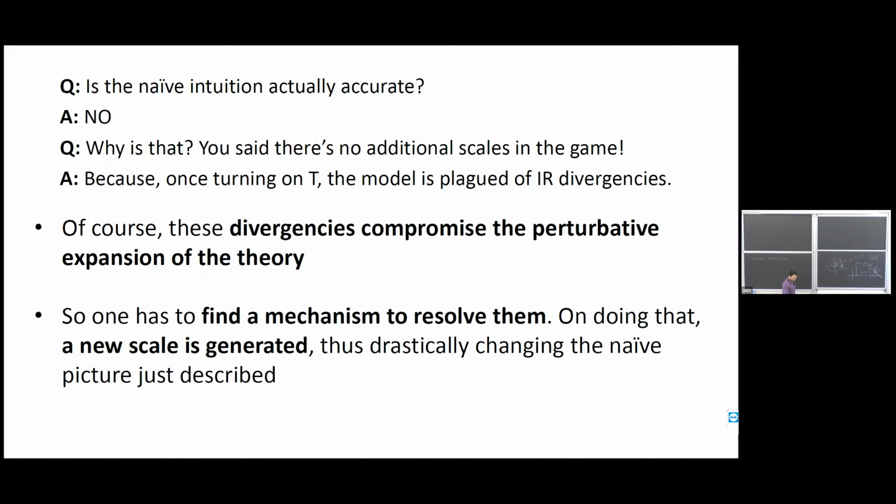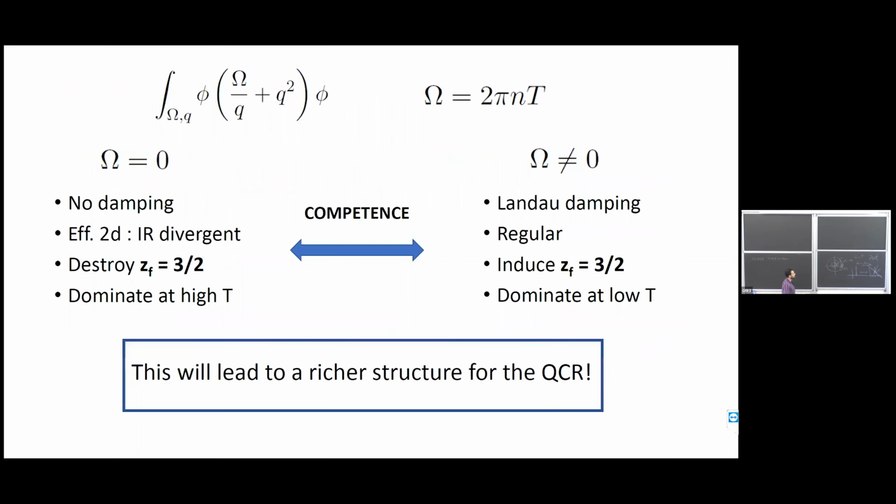So before going to the technical part, let me give you essentially a taste of the physics involved at finite temperature, and why these IR divergences originate and why they are so severe in 2+1 dimensions. The reason is the following.